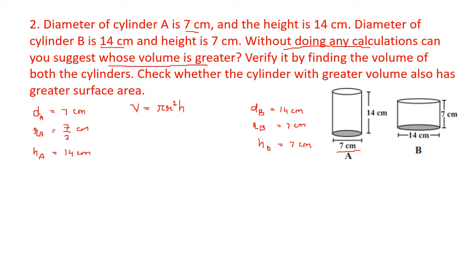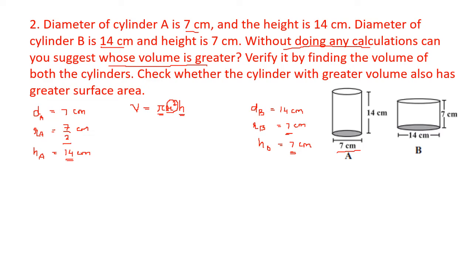So what you can see here, pi is a constant. We have to take the square of the radius and the height. Now here the radius, compare the radius. The radius is half here. The radius is 7 here and 7 by 2 means the radius of B is double of the radius of A. And you can see the height here of A is double of B. So both have been interchanged here.